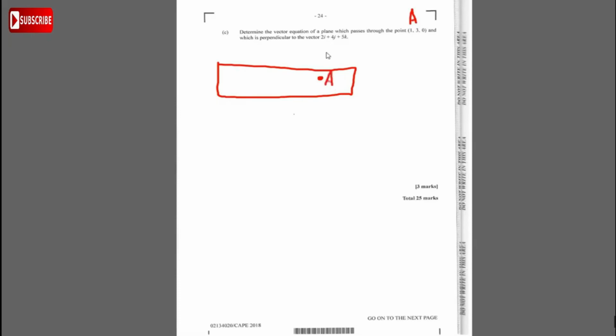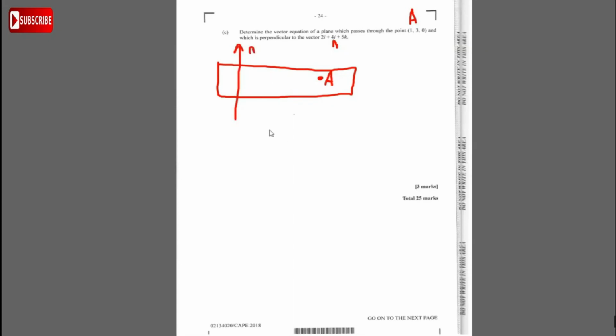And they said that it's perpendicular to this vector. I'm going to call this vector N. You're going to see why soon. So if that vector N is perpendicular to the plane, then N acts as a normal to the plane.